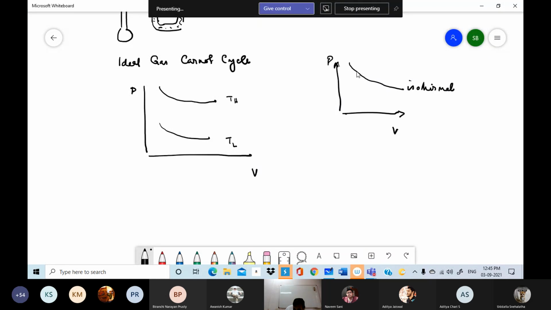I now move the piston outwards so that the volume increases.